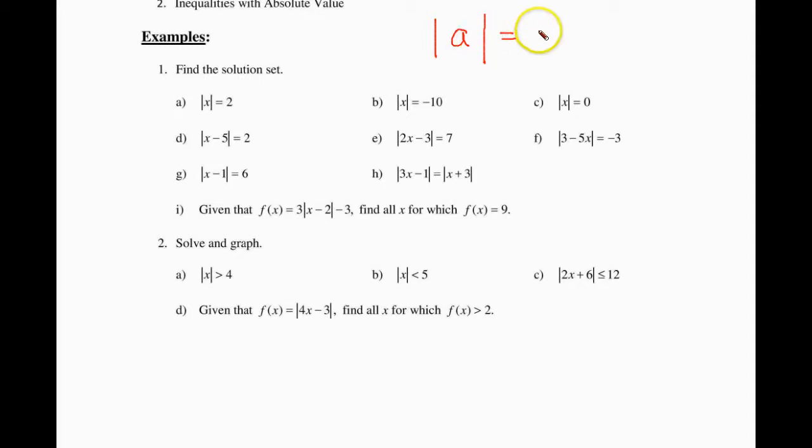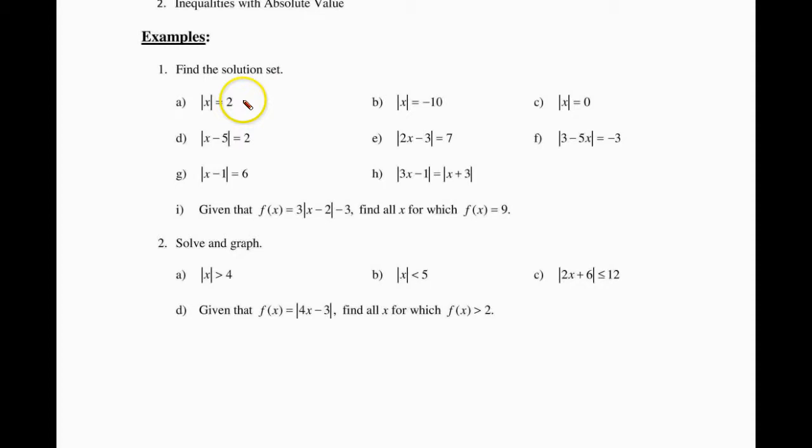The answer is it's always going to be a positive value. Now, as you might recall, it could have been a -3 or a +3, and both of these are going to be the positive value. So a little background, that's from chapter 1.